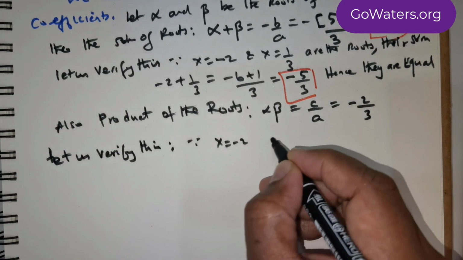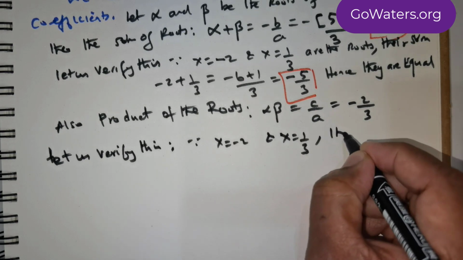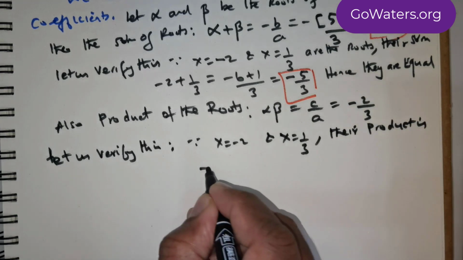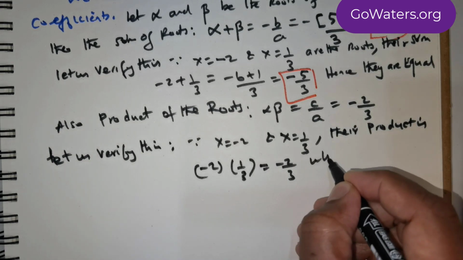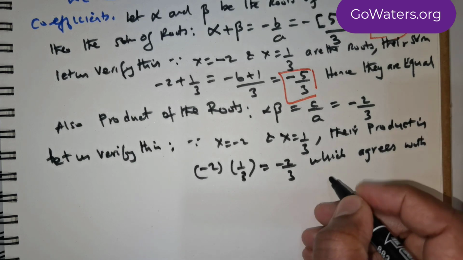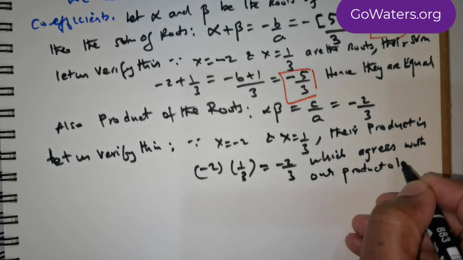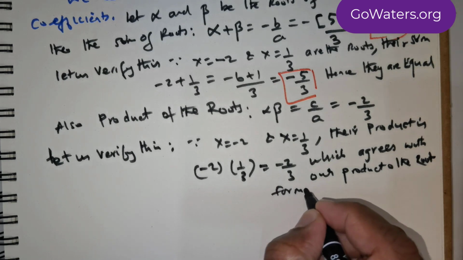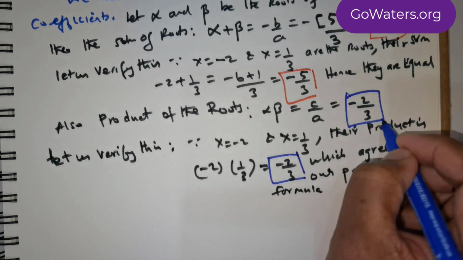Since x is equal to negative 2 and x is equal to 1 over 3, their product is negative 2 times 1 over 3, which is equal to negative 2 over 3, which agrees with our product of the roots formula, right? So this and this are one and the same.